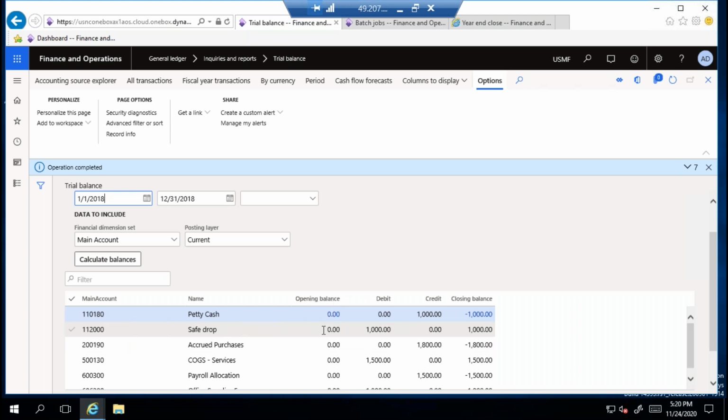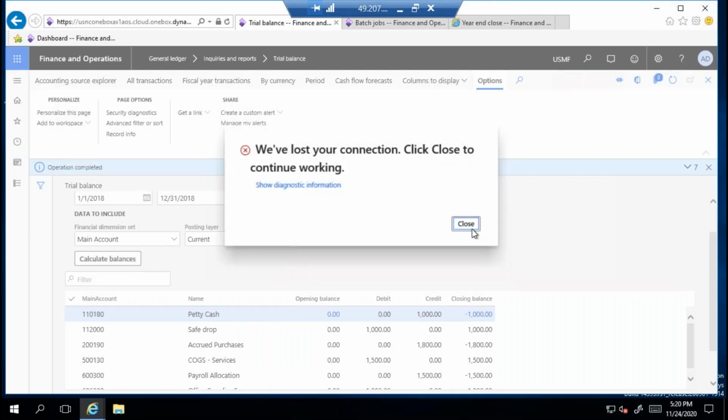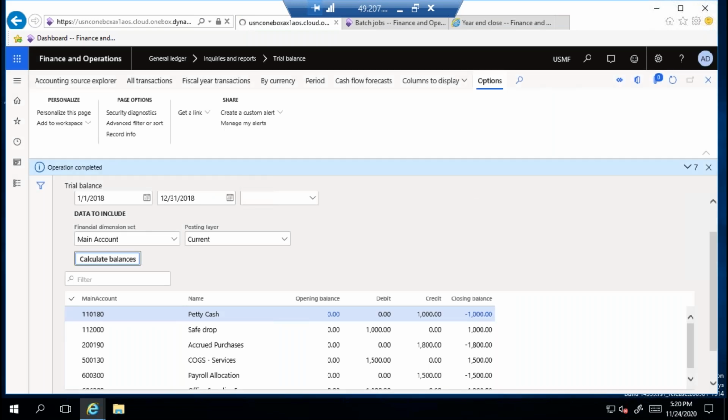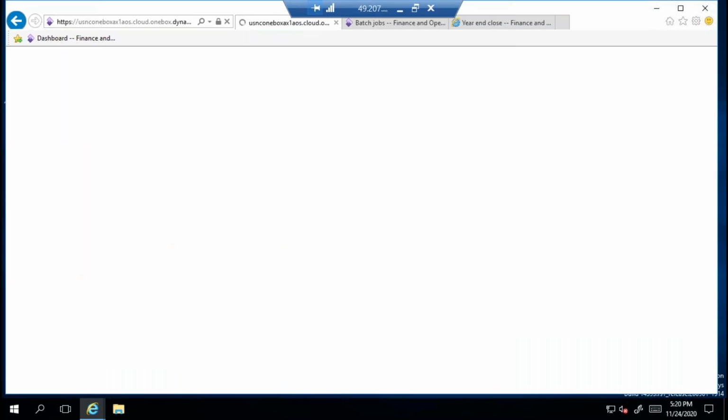That means 31st December 2017 balances should be shown as opening balances here, but it may or may not show. There is some small bug.